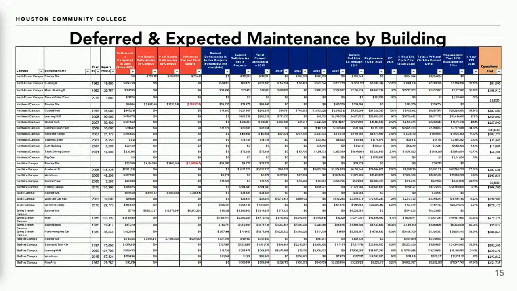We also added a column for operational costs, where we're estimating a little bit over $5 per square foot. We are working on the data for utilization and capacity. We report enrollment numbers a lot of ways: by college, by program, by type of credit. We don't necessarily report enrollment by classroom or by building.